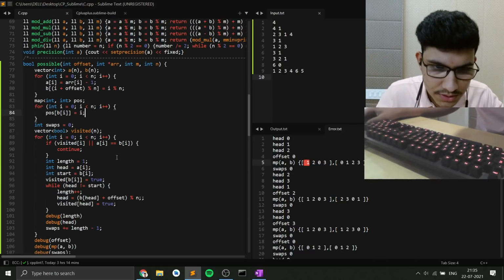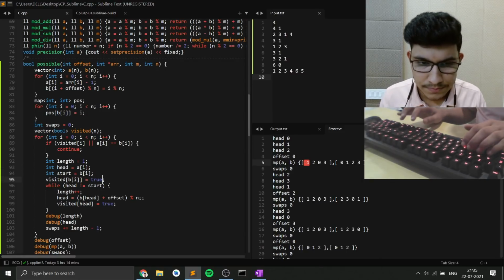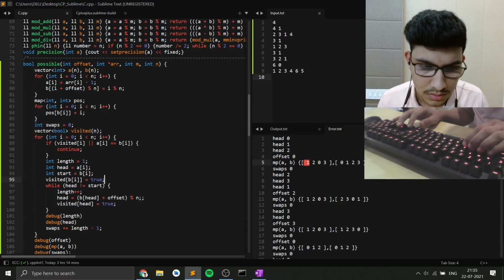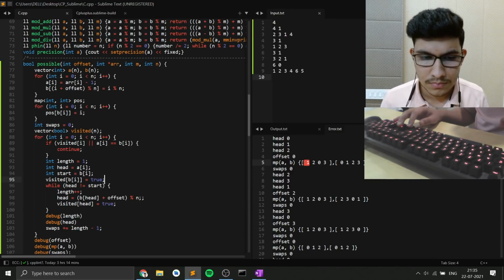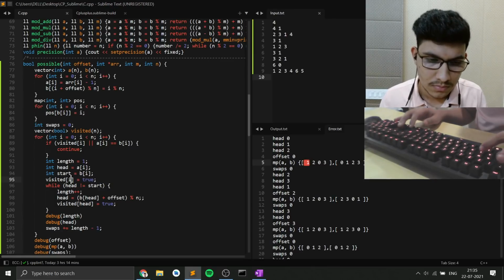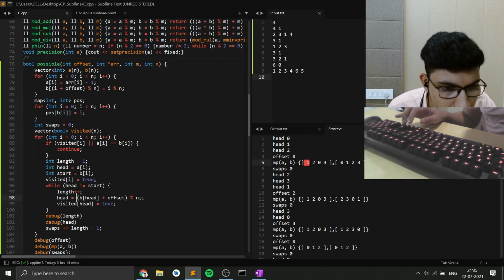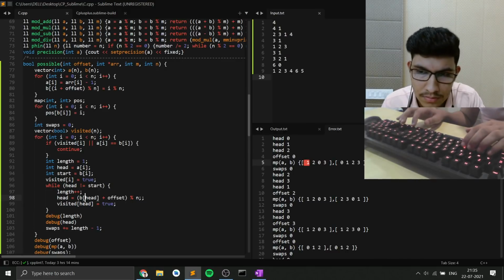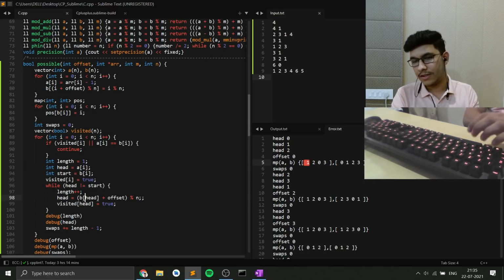Right, so I've stored the positions here. So I want AI, but I am at BI. So I've visited this node. Head equals to, so I am at 0, but that tells me that I want to go for 1.